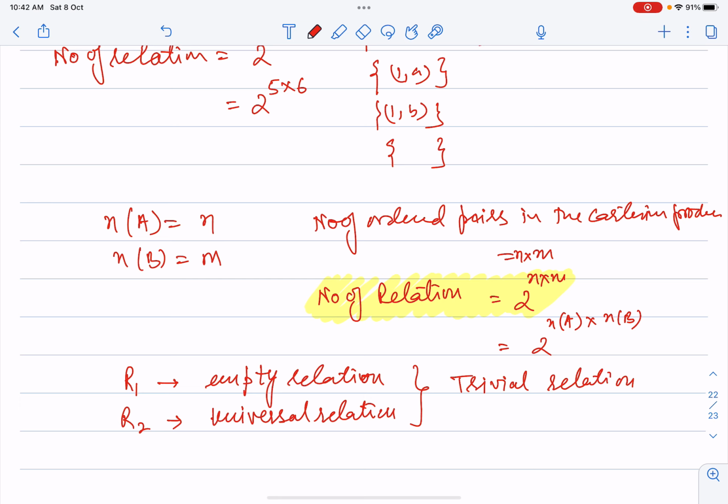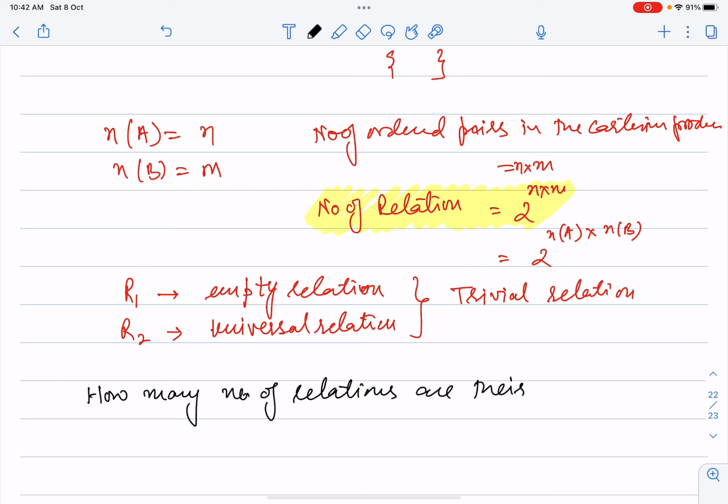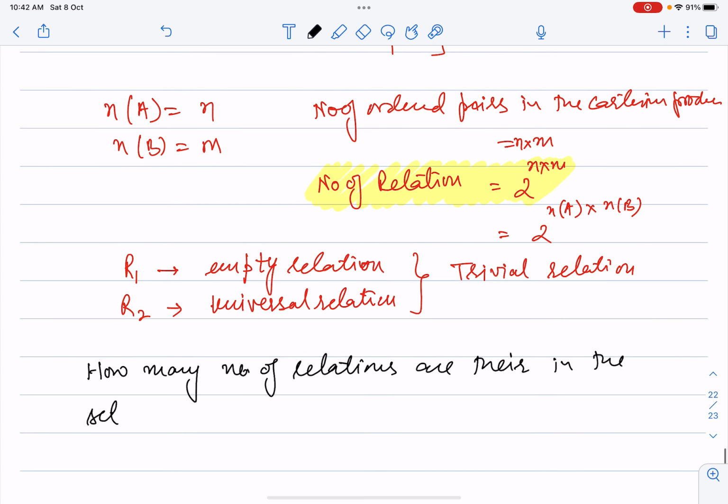Somebody can ask somewhere in the competitive exams, how many relations are there in the set A? What does it mean?